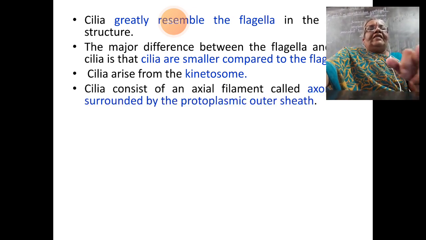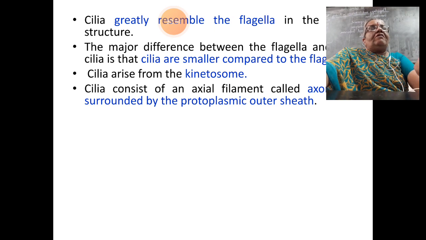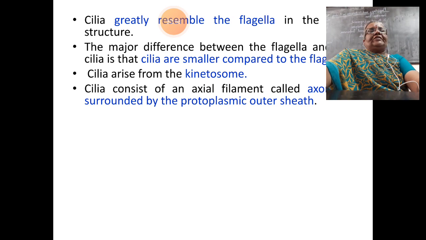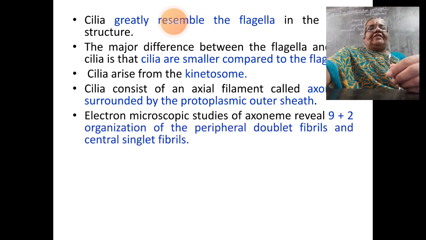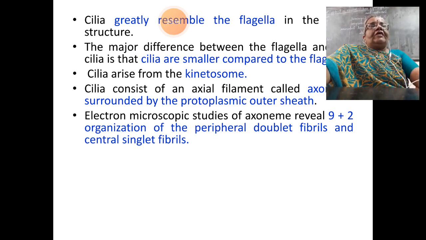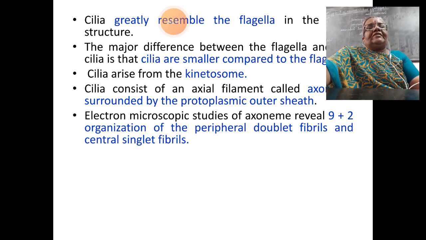Then, cilia consist of an axial filament called axoneme surrounded by a protoplasmic outer sheath, similar to flagellum. If you study the electron microscopic studies of a cilium, the axoneme typically reveals 9+2 organization, similar to the flagellum. So, 9+2 organization of peripheral doublet fibrils and central singlet fibrils.